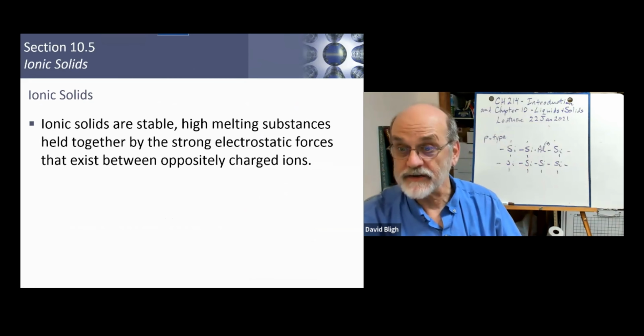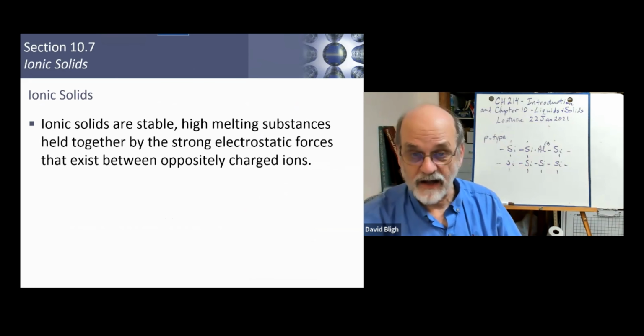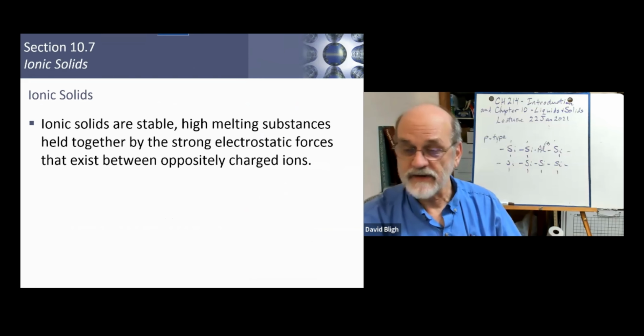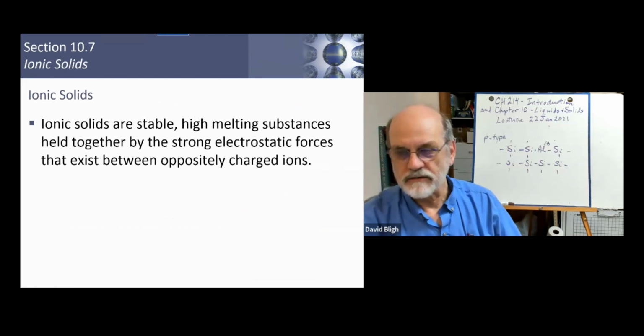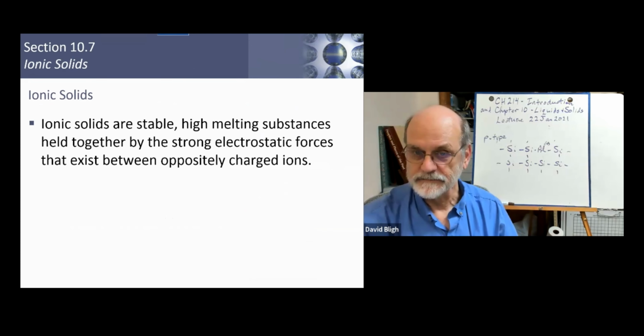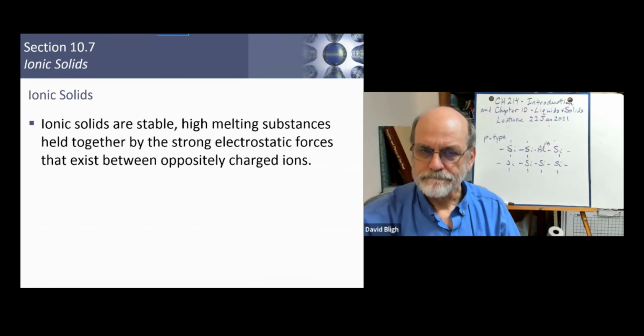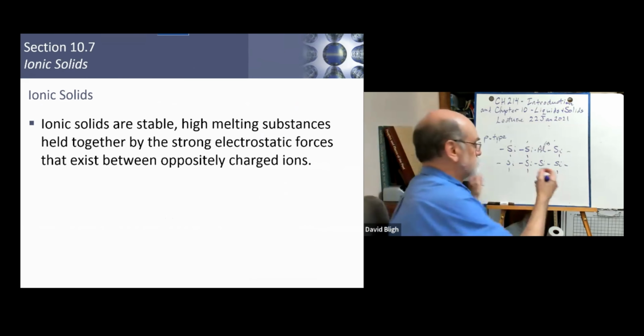How about ionic solids? Ionic solids like sodium chloride, or you can think of almost anything. As long as you have a positive ion and a negative ion, at least one of each, then you can have an ionic solid. But the ionic solids, we may write them this way.